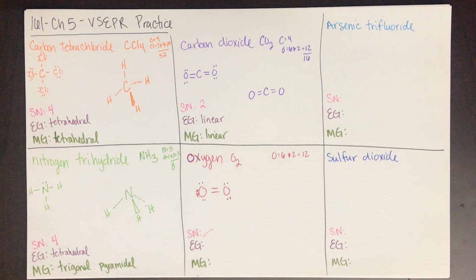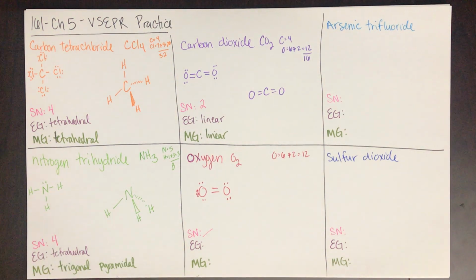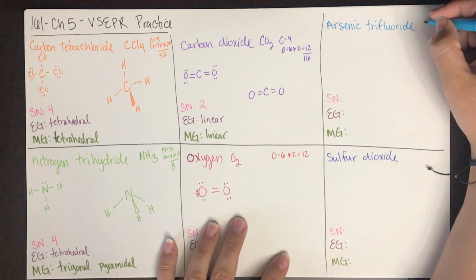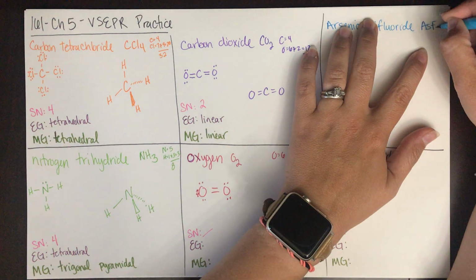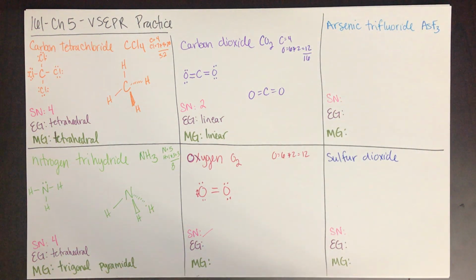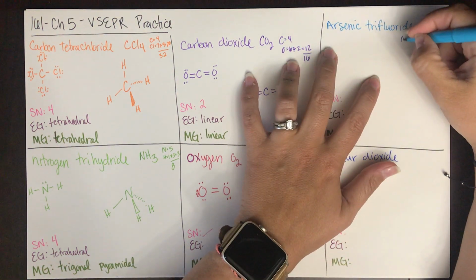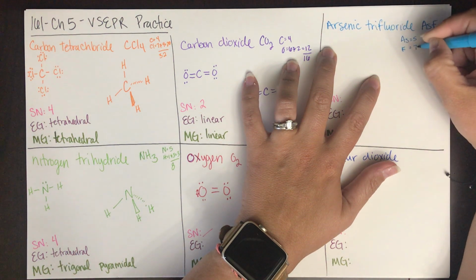Okay, the next one, let's look at something called arsenic trifluoride. So arsenic is As on the periodic table. Trifluoride means F3. So arsenic is in group 5. Fluorine is in group 7.